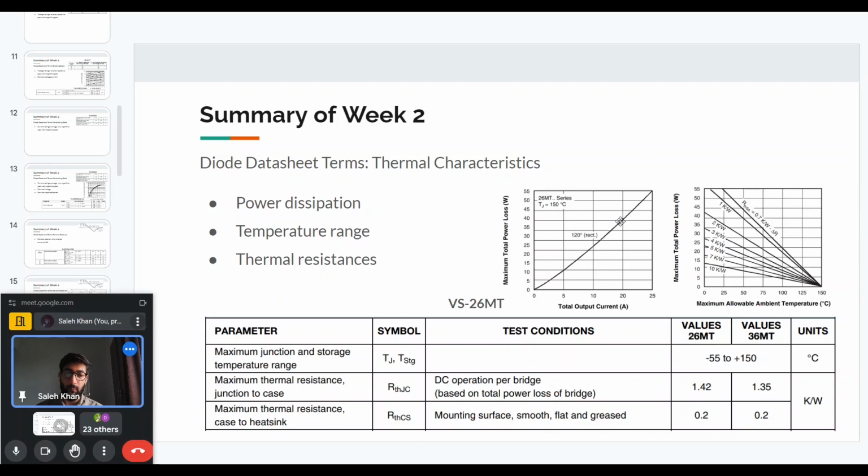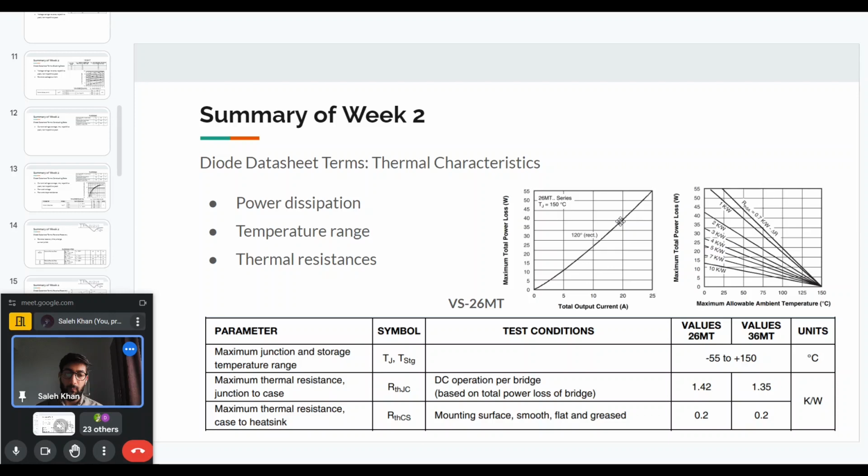So if your heat sink has a very low thermal resistance, then the device can handle a higher amount of power loss. But if the thermal resistance of the heat sink increases, then the power loss that the device can handle also decreases. So the power loss is inversely proportional to the thermal resistance of the heat sink.